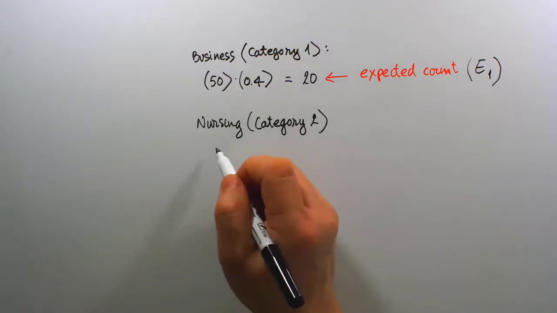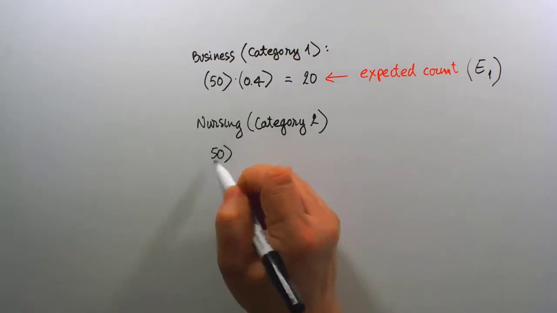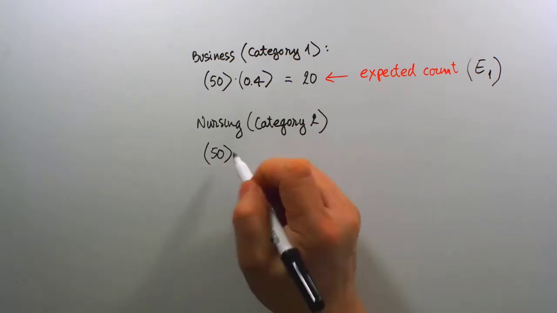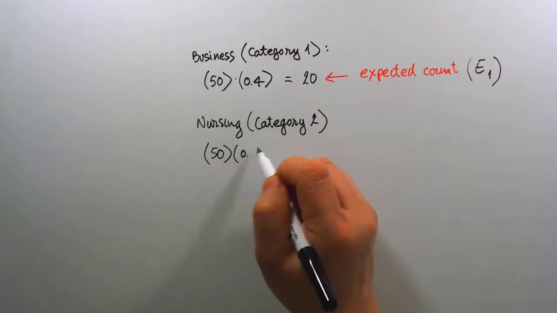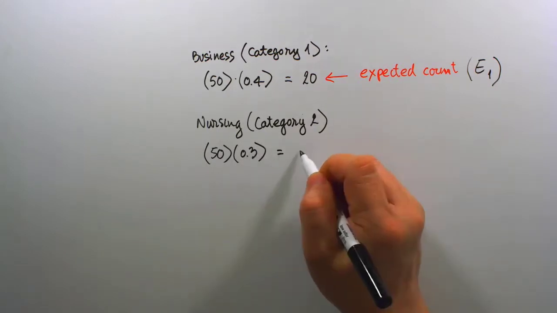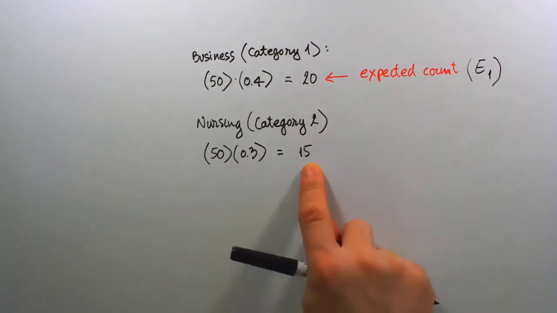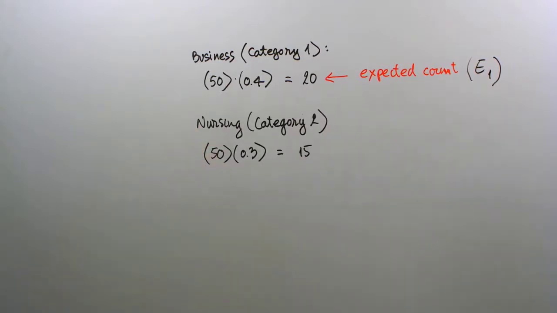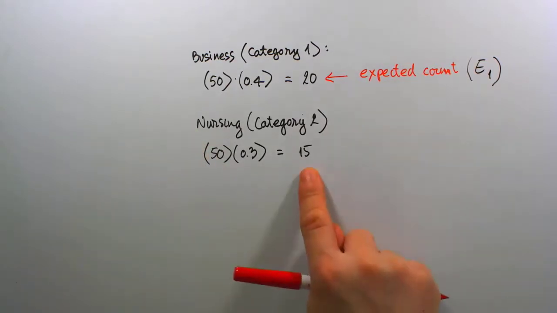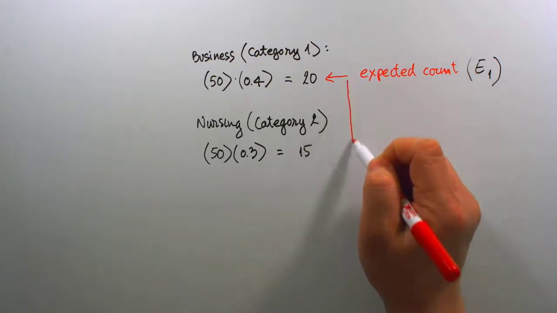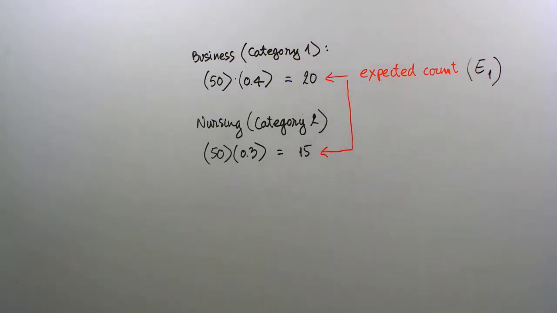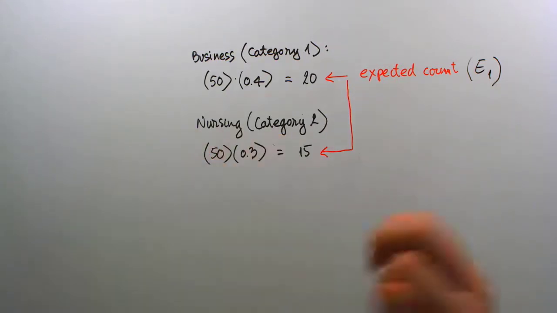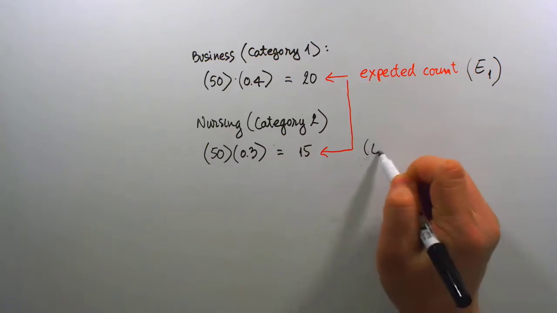I am going to do the same way. I am expecting that among 50 students in the sample, multiplying that with 0.3, 15 of the students in that sample should be in nursing major. Again, this number is also referred to as expected count, but this is the expected count for category 2, the nursing major, and so I now call that E2.